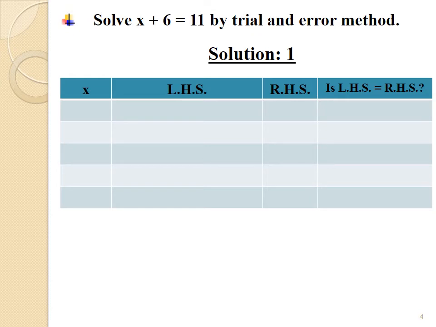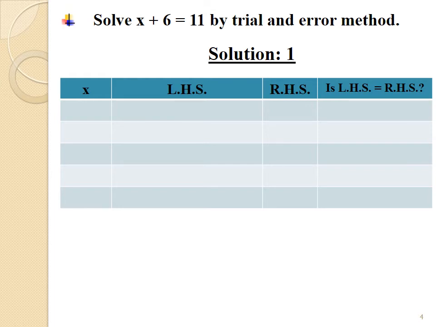We calculate LHS and RHS of the given equation for different values of the variable, and the value of the variable which satisfies the equation, that is, for which LHS equals RHS, is the solution or root of the equation.